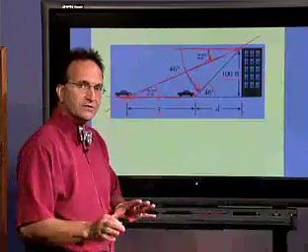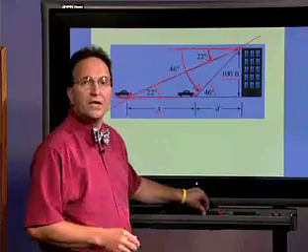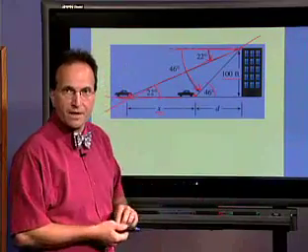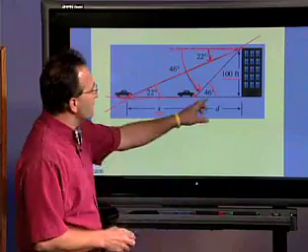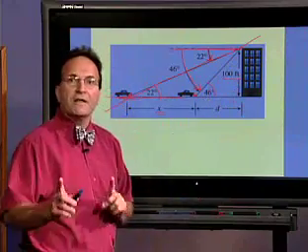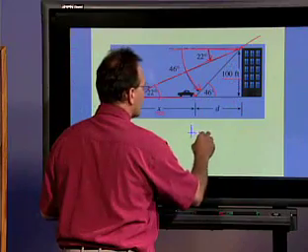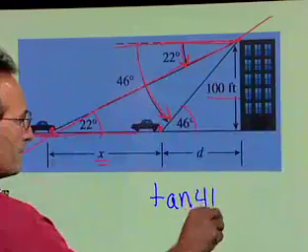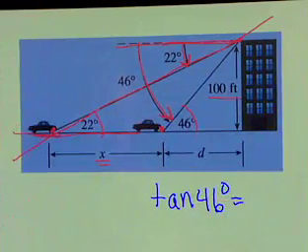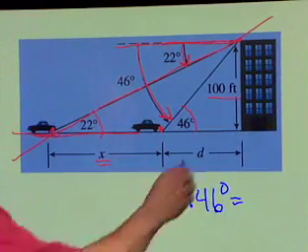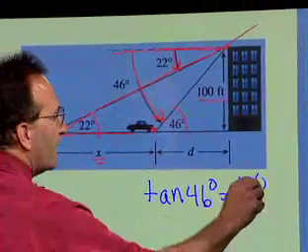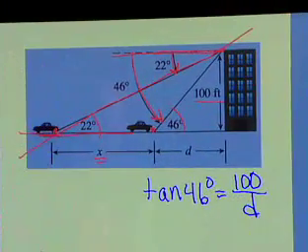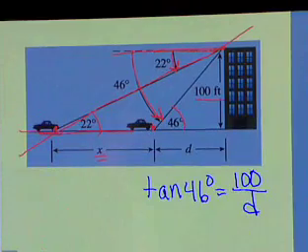Now, from this, we can come up with two specific equations. We can conclude in this smaller triangle here that the tangent of 46 degrees is equal to the side opposite, which is 100, divided by the side adjacent, which is labeled as d.